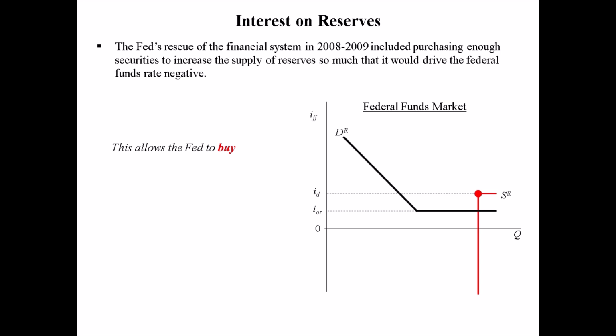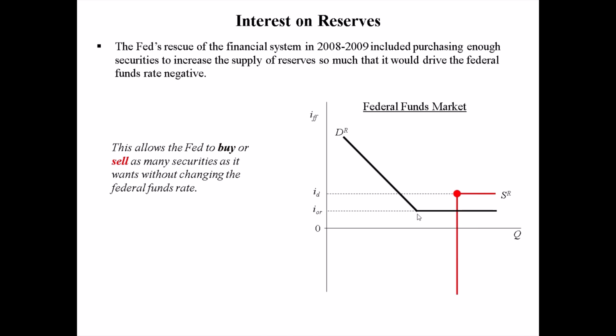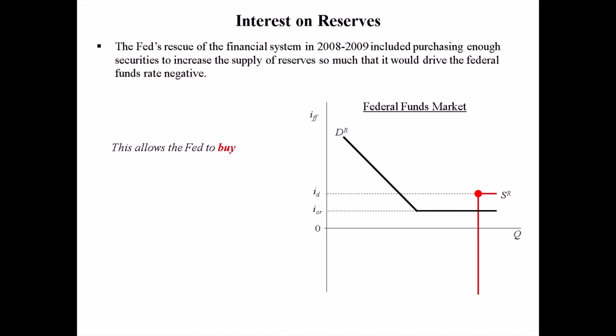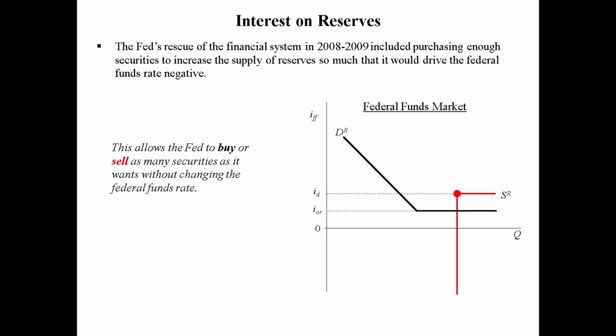So as it buys more of these securities from banks, it creates more and more excess reserves. So it can buy or sell securities in crisis mode without affecting the interest rate that banks charge each other for reserves that they need to meet the reserve requirement. Okay.